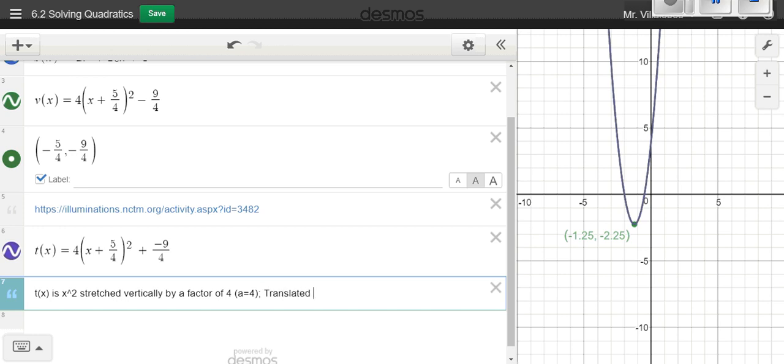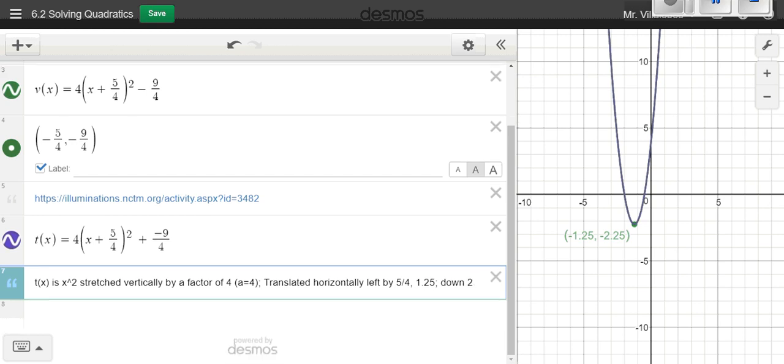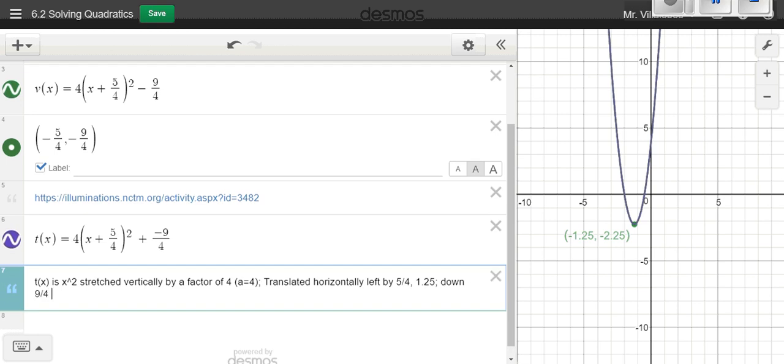Translated left by 5 divided by 4. Down 9 divided by 4, or 2.25 units vertically.